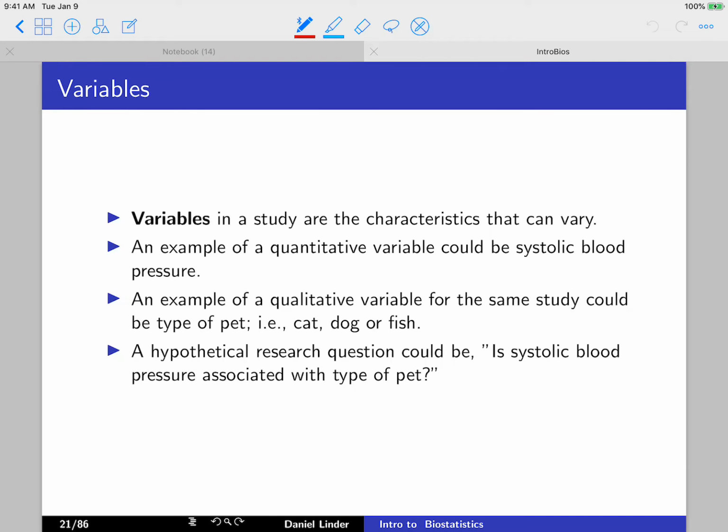An example of a qualitative variable that could also vary from person to person is this example that we've used in the last slide, which is the type of pet a person has, so cat, dog, or fish. So with these two types of variables in mind, a hypothetical research question might be, is systolic blood pressure associated with the type of pet that you have, or that an individual in this study has?